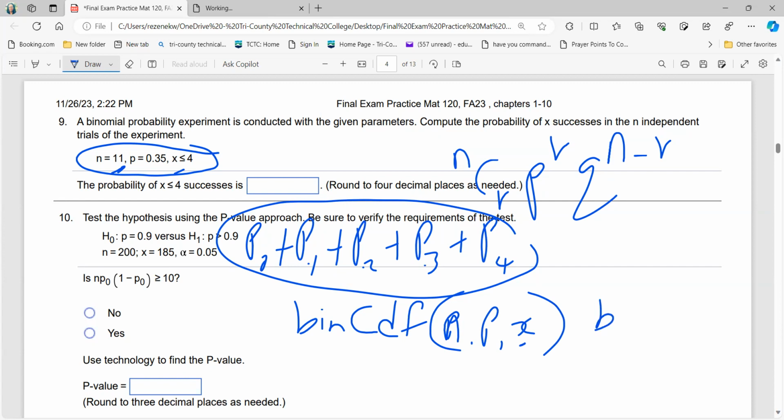So binomial CDF. The number is 11. The success is 0.35. It's given to us. The random variable is 4. Then I'll get my calculator and fit it in quickly.